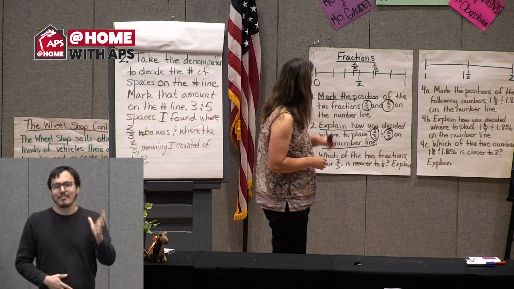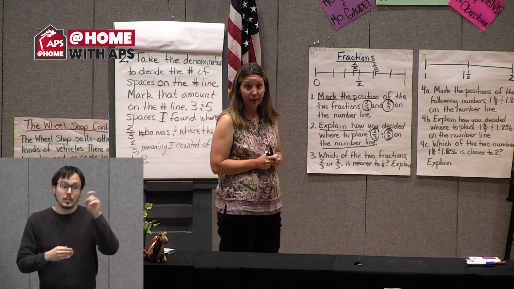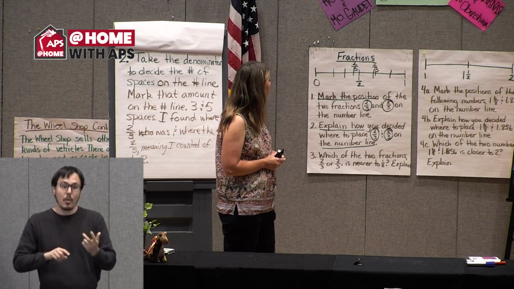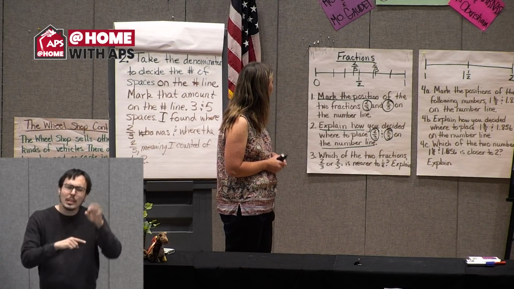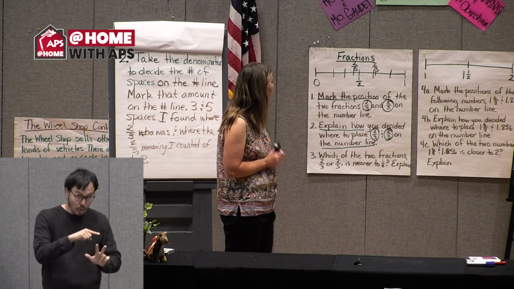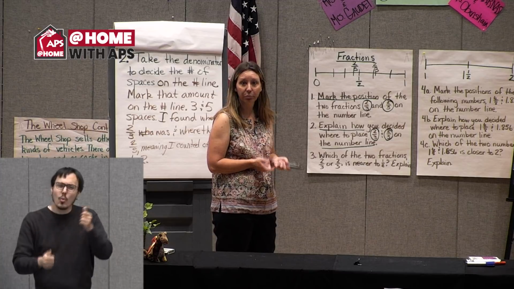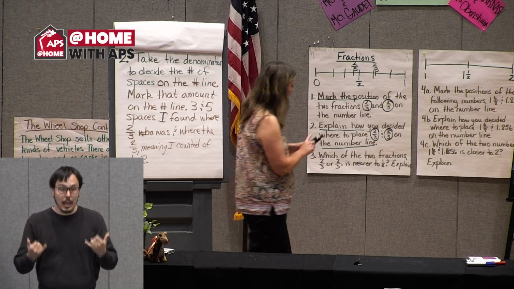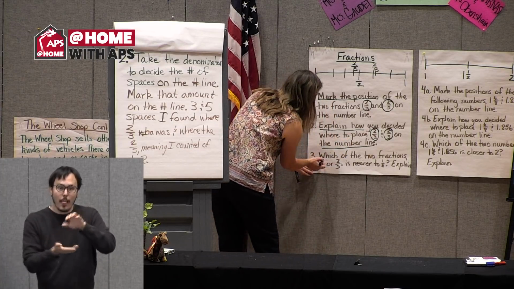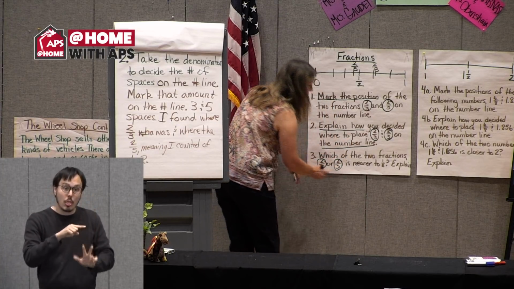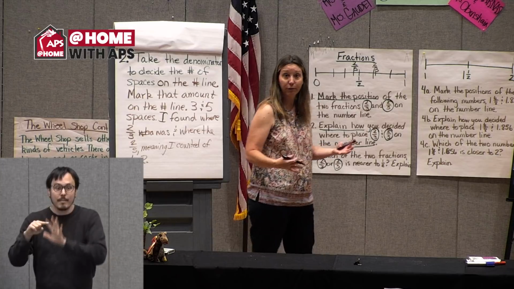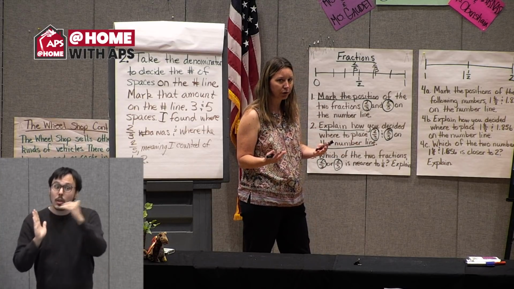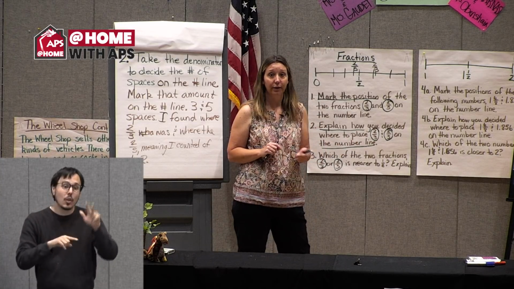So let's look at the next question. Question 3 says, which of the 2 fractions, 2/3 or 2 fifths, is nearer to a half? And explain. All right. So let's circle our quantities. 2/3 and 2 fifths. You notice it's on there over and over again. So 2/3 and 2 fifths must be important to us. But what's different on this one?